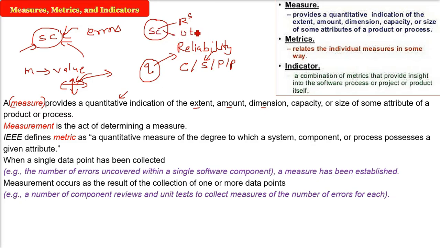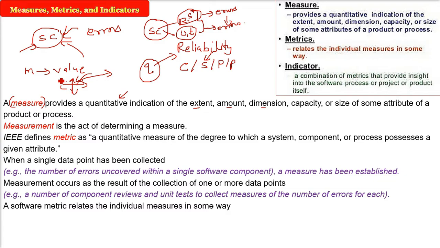So the number of component reviews and the number of unit tests, now we have multiple data points, and this is also used to collect the measures of the number of errors for each. So here we have two data points. Previously it was one data point. So when we establish the measure, then we go to multiple data points in order to collect more data, and this becomes a measurement. When we have multiple data points, it becomes measurement.